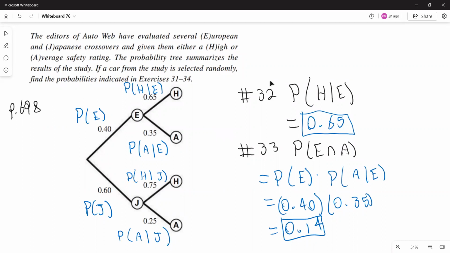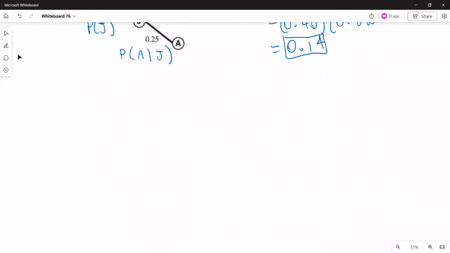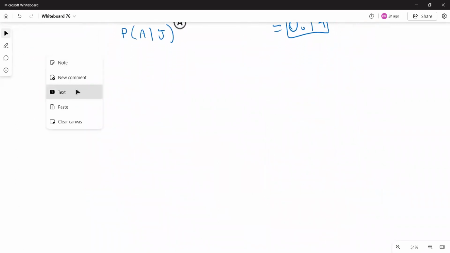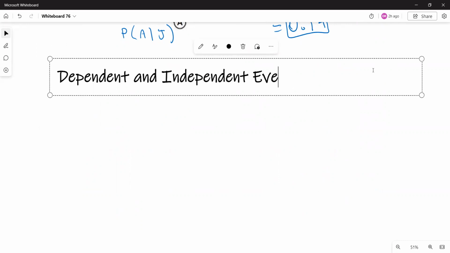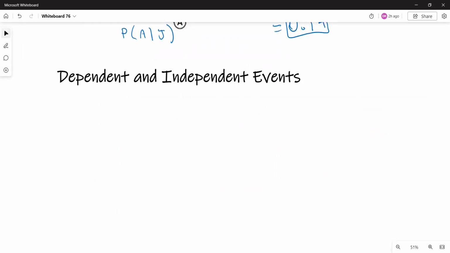Okay, and the last part is dependent and independent events. That has to do with conditional probability.